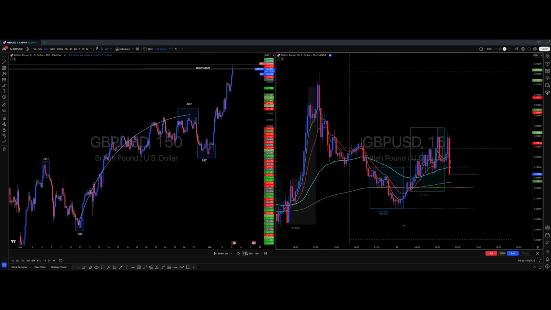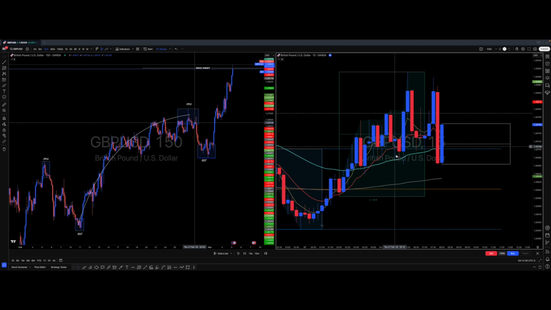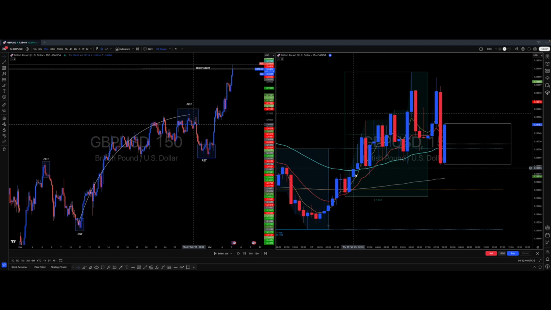Okay, so a couple things to note here on Thursday is the fact that during London session, you have a very messy London session. Price is just going back and forth, and you get a lot of railroad tracks here, but you don't get anything to signal a really good second leg.